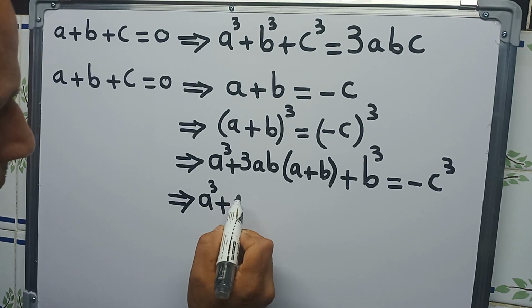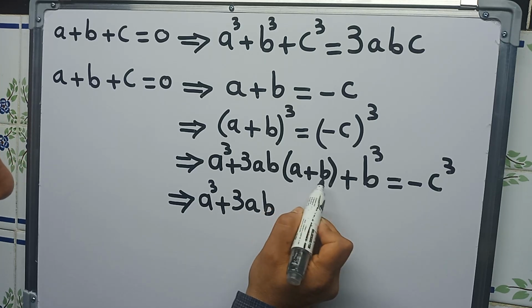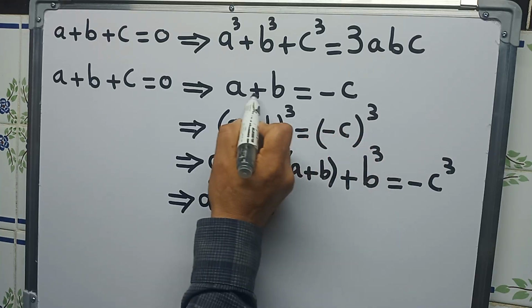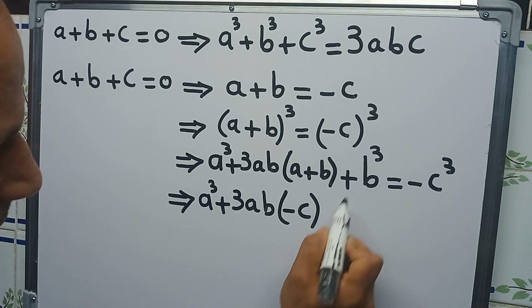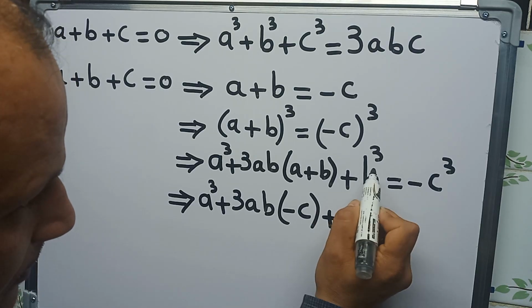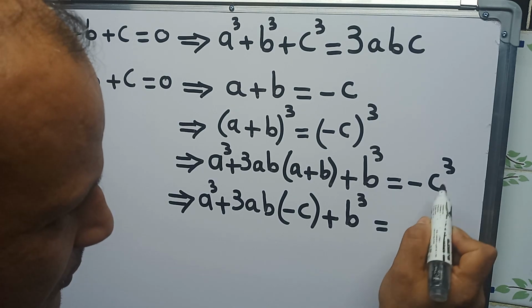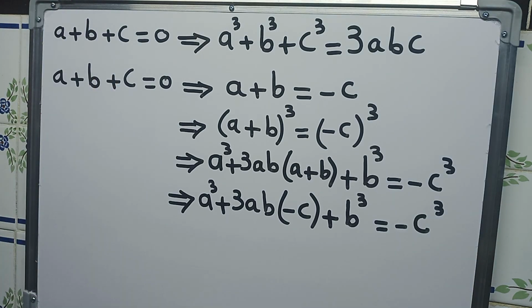plus 3ab, but a plus b is equal to minus c, plus b cubed is equal to minus c cubed.